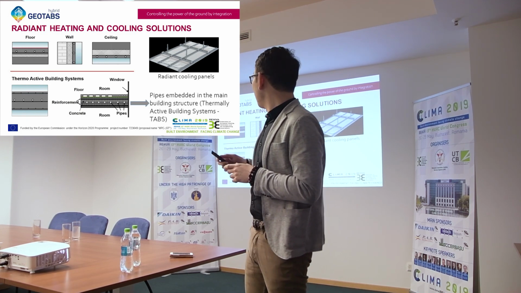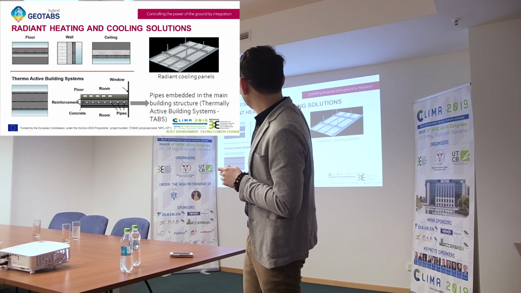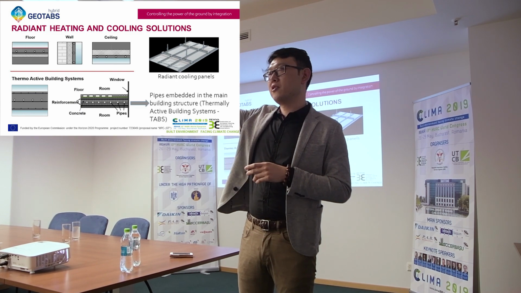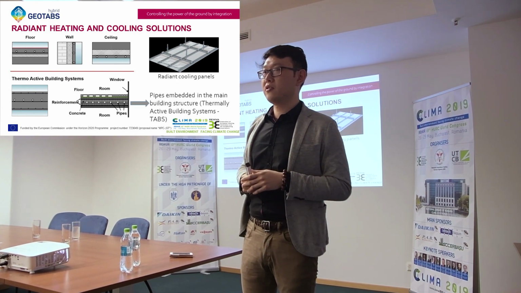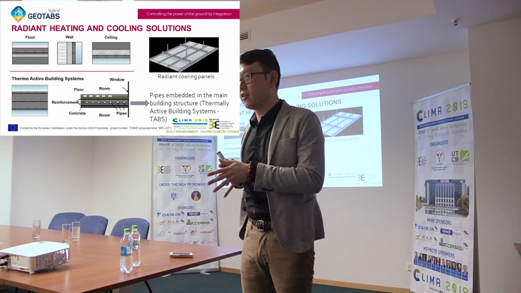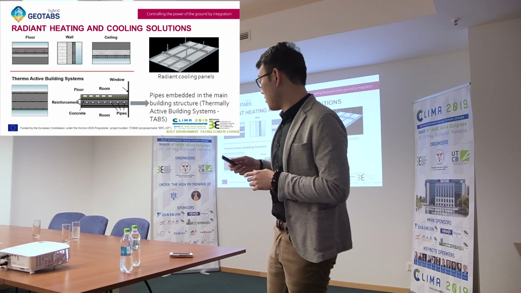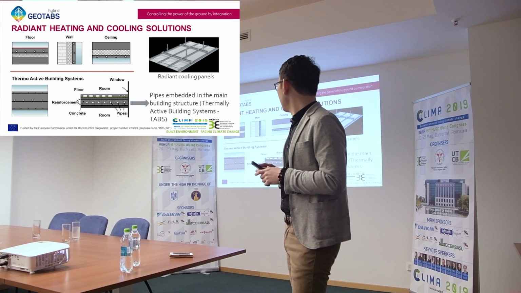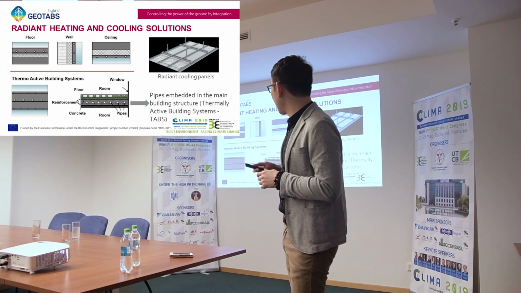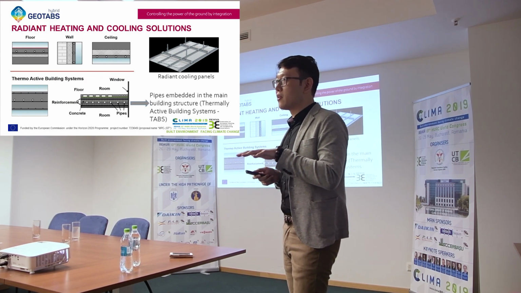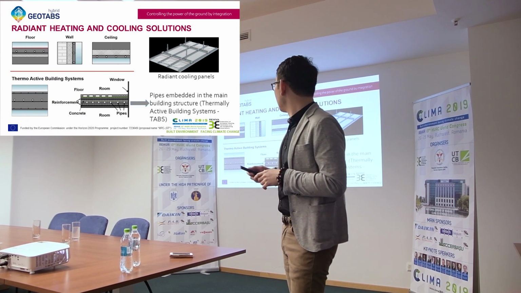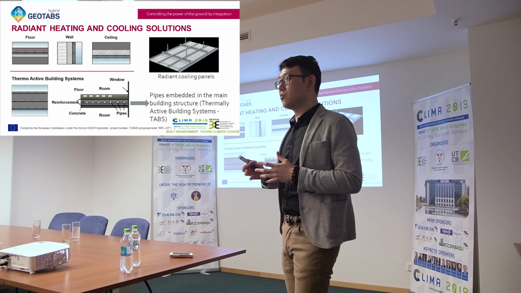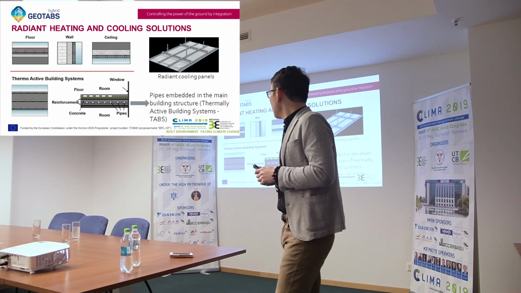The second type, on the right, is radiant cooling panels, a suspended system usually below the ceiling, so it's not integrated in the structure of the building. The last one is the one we're going to talk about: TABS. You can see the structure of TABS: the pipes are embedded in the middle of the concrete, so the whole building structure is heated or cooled by the system.